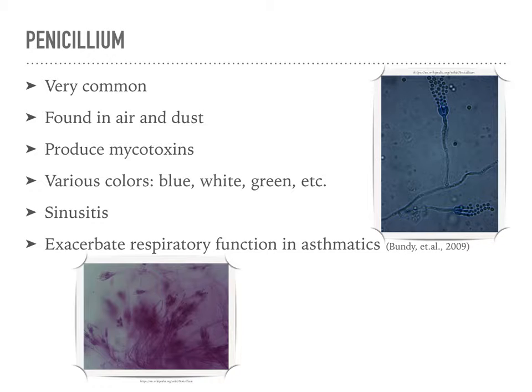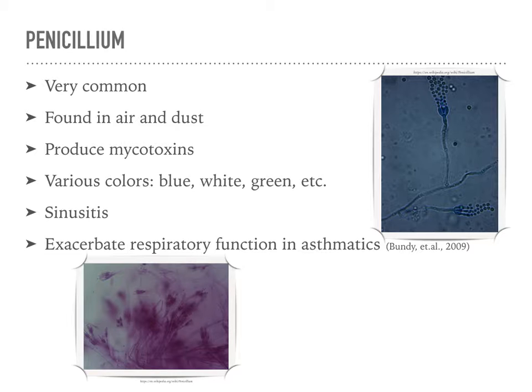So for penicillium, we always think of penicillin. True enough, that is the same mold. But when we're thinking about a house, this is a very common mold. It's found in air, it's found in dust. It can produce mycotoxins, which are toxins produced by molds, and these can cause different types of allergic reactions or other types of symptoms in people or animals.